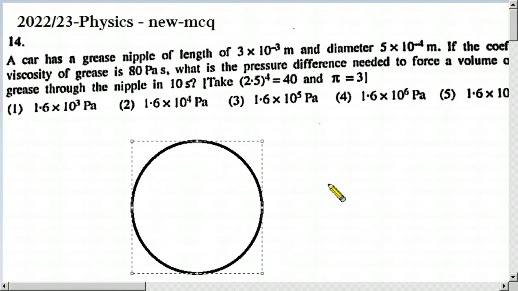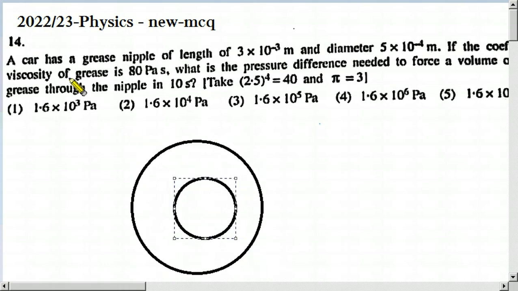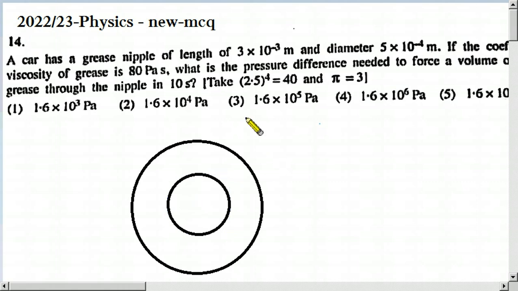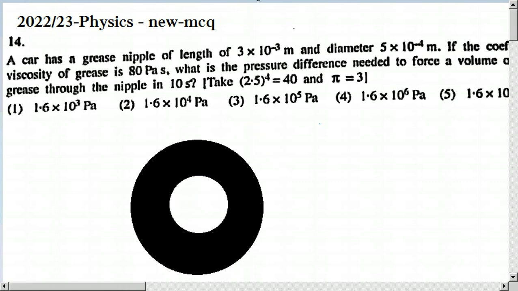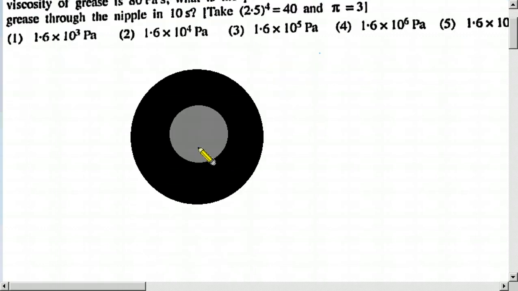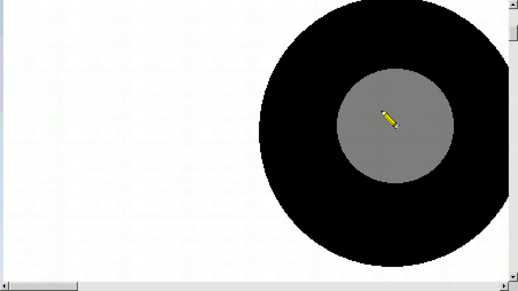So imagine that this one is the tire of a vehicle. This one is the rim, and this one is the axle, the center axle. At the middle there is another small cylinder, that is called the grease nipple.